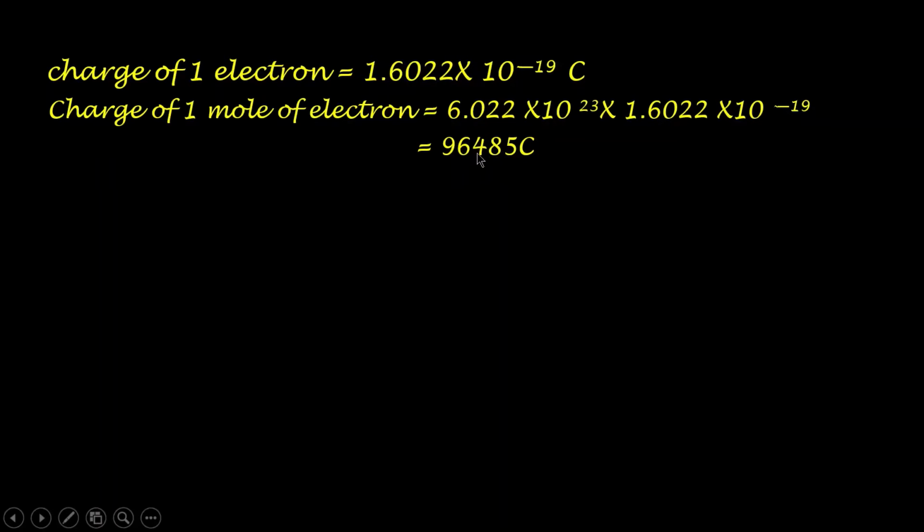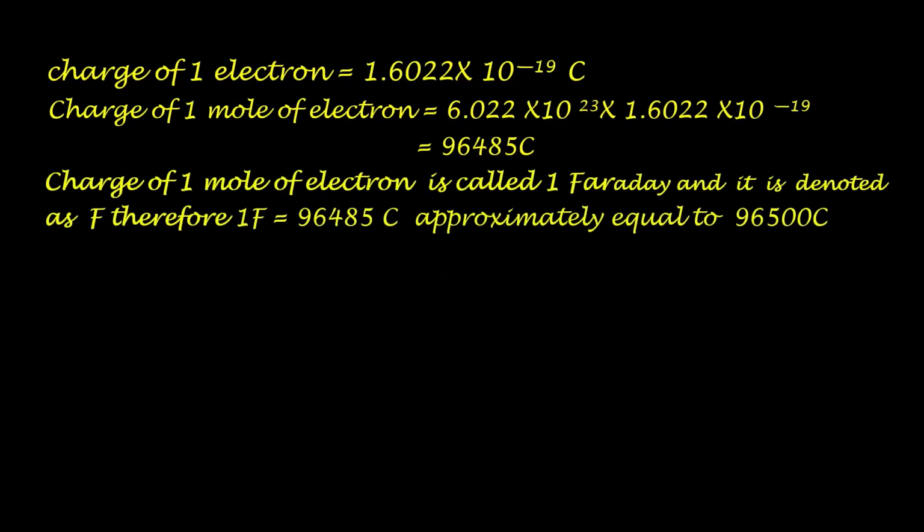96,485 coulombs. So the charge of 1 mole of electrons is 96,485 coulombs. And this charge of 1 mole of electrons is called 1 Faraday, and it is denoted as F. Therefore 1 Faraday is equal to 96,485 coulombs, and approximately it is equal to 96,500 coulombs.